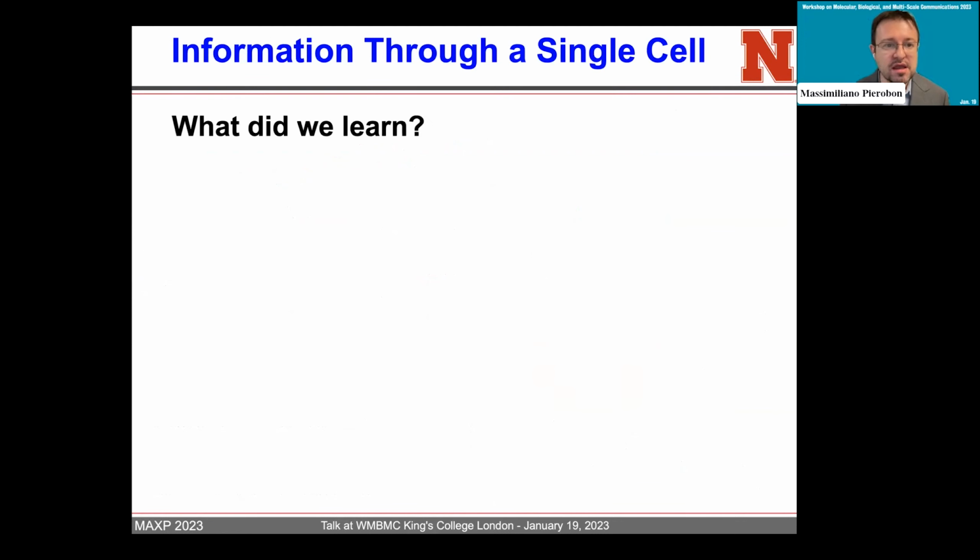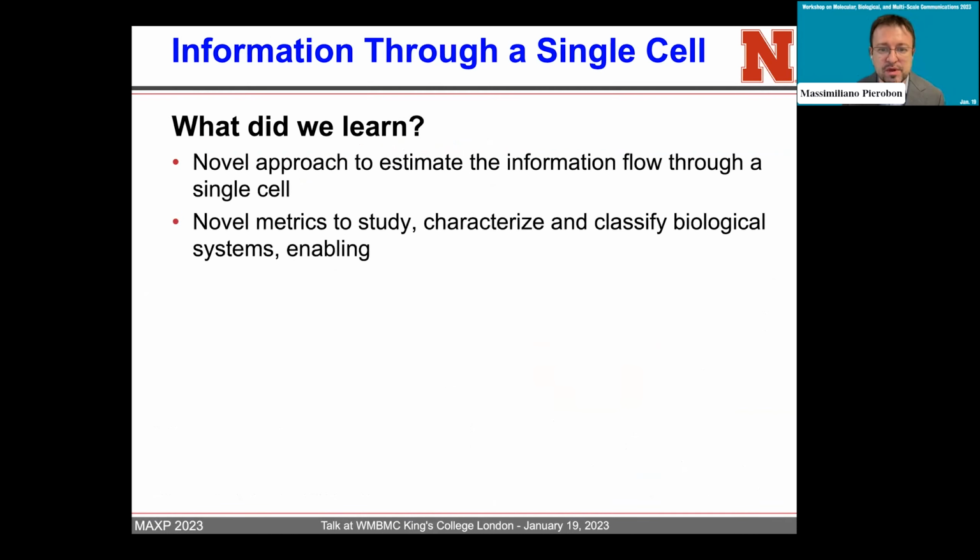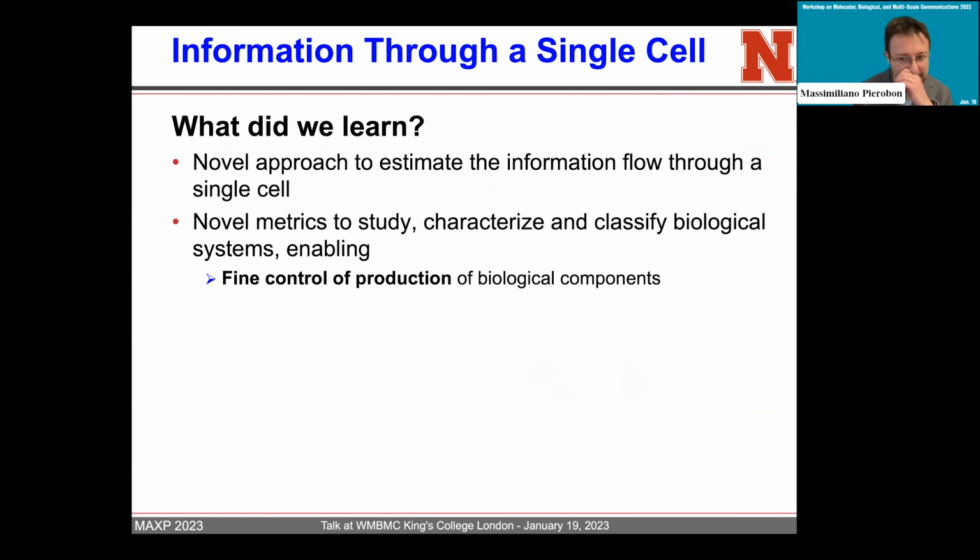So moving along, what did we learn? Well, this is a new approach to estimate information flow through a single cell, but we also developed a novel metric for medical research. Indeed, we can also apply this to other types of cells, for example, to fine control the production of biological components.